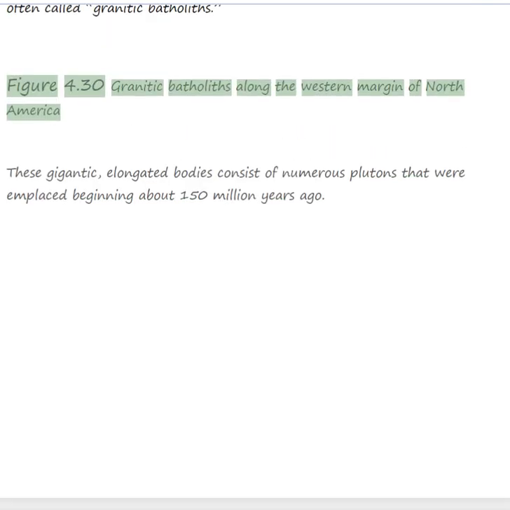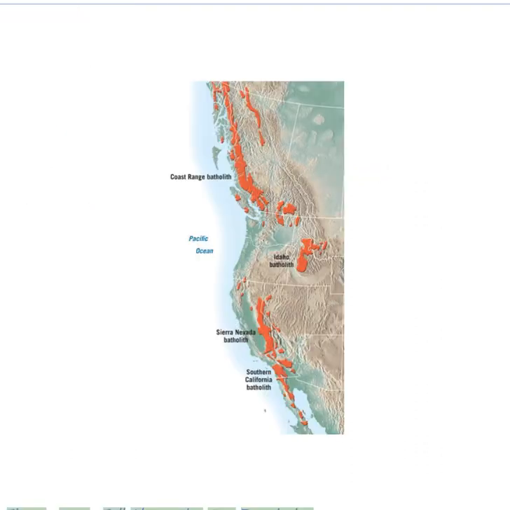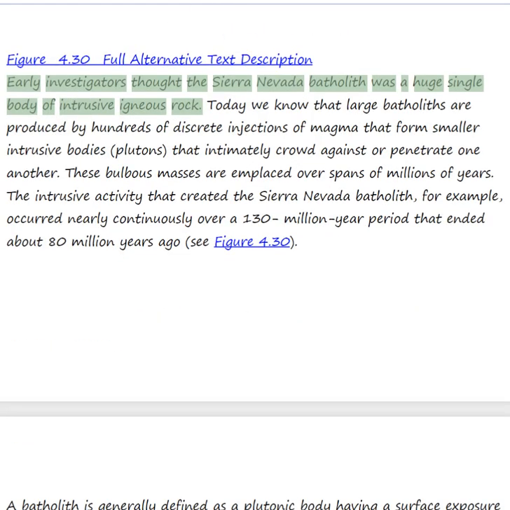Figure 4.30 Granitic batholiths along the western margin of North America. Figure 4.30 Full alternative text description. Early investigators thought the Sierra Nevada batholith was a huge single body of intrusive igneous rock.